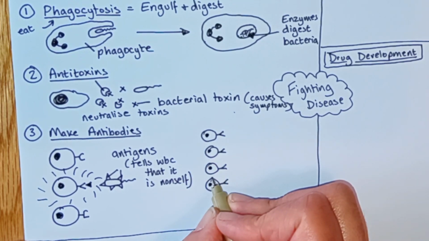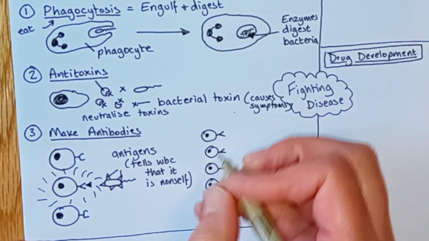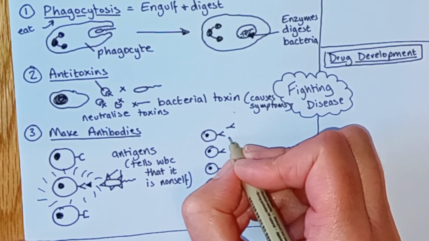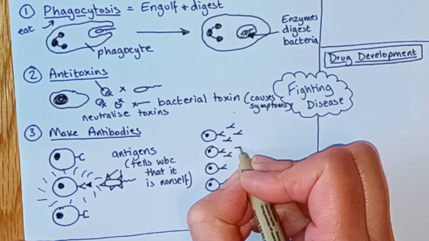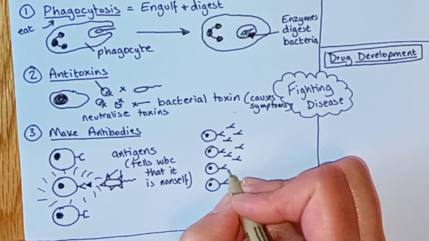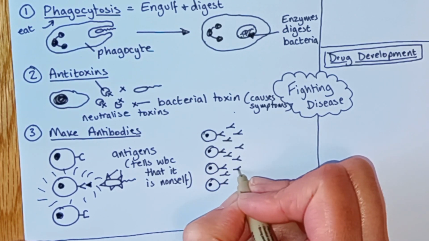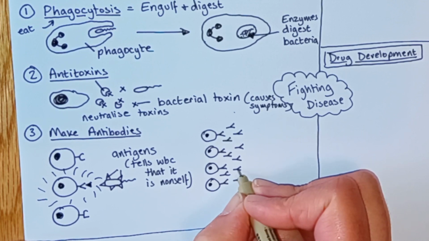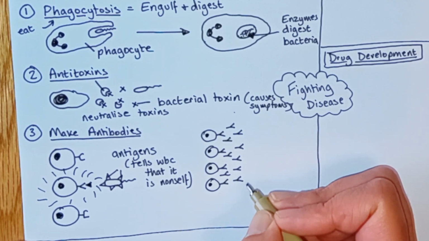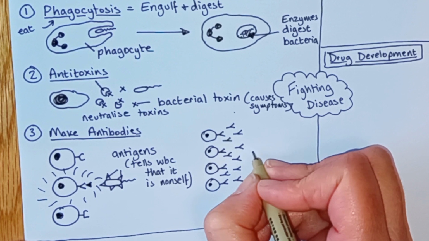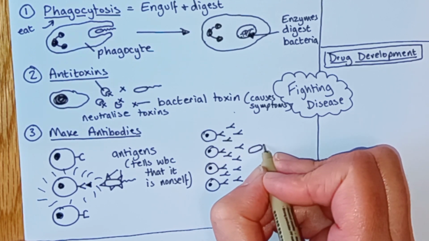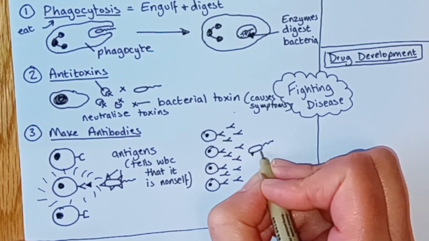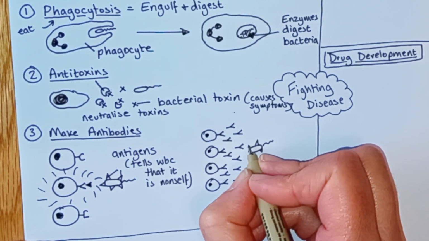But here's the clever part. This receptor can be fired out into the blood as an antibody. So these cells can release billions, trillions of antibodies. Antibodies are proteins that will stick to antigens. So here's our antigens.